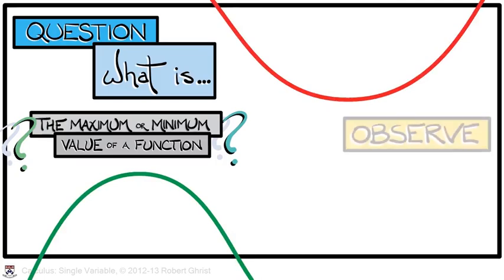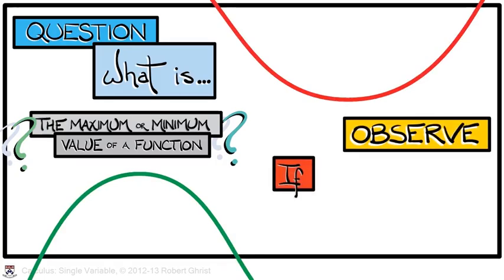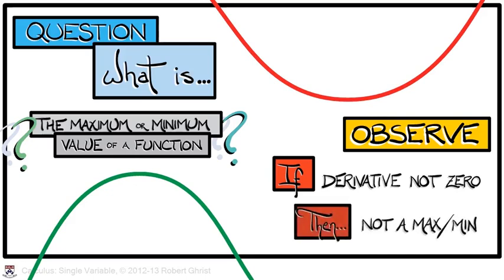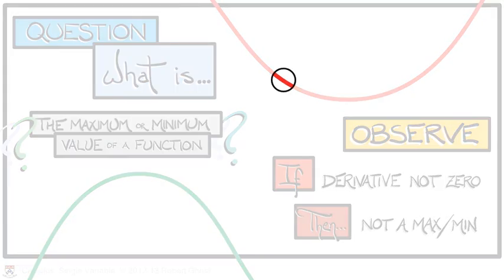If we have a function and we take a close look at its graph, then one of the things that we can observe is that if we are at a place where the derivative is non-zero, then we are certainly not at a maximum or a minimum, because if we zoom in and look at the local behavior at a point where the derivative is not zero, then because derivatives connote rates of change, if the derivative is negative, that means the function is decreasing locally.